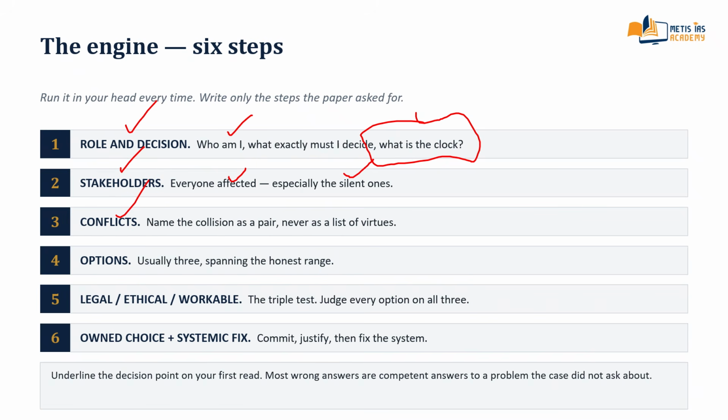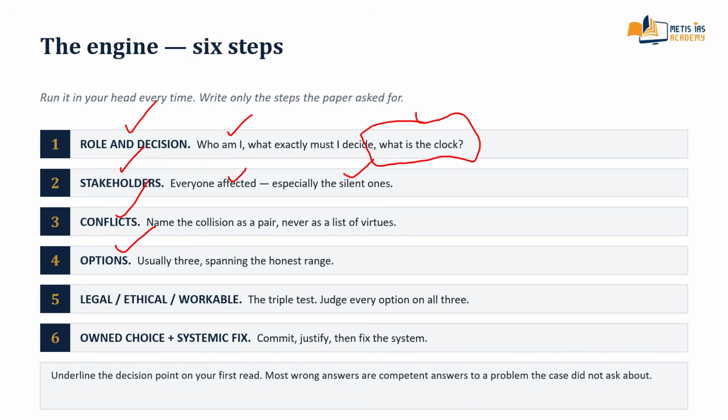Lay out the realistic options. Usually 3, occasionally 4, and they should span the honest range. The compliant but cowardly option, like go along, stay safe.